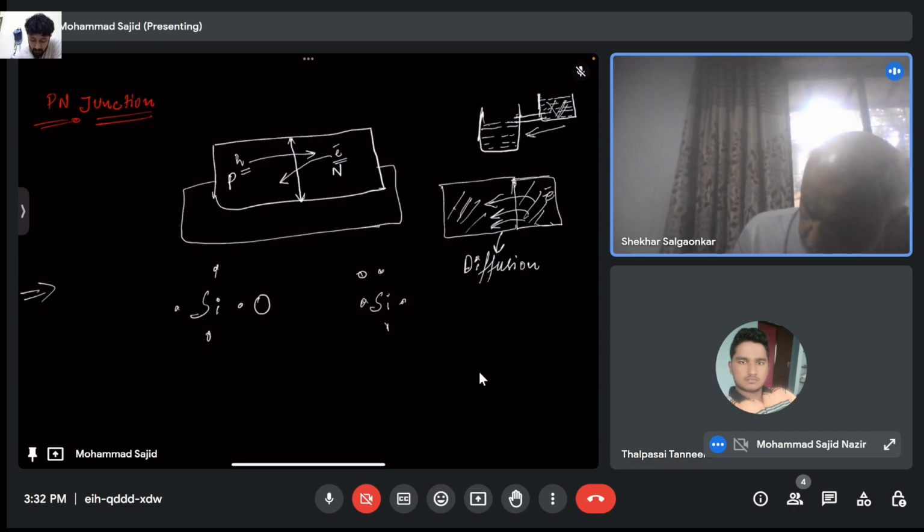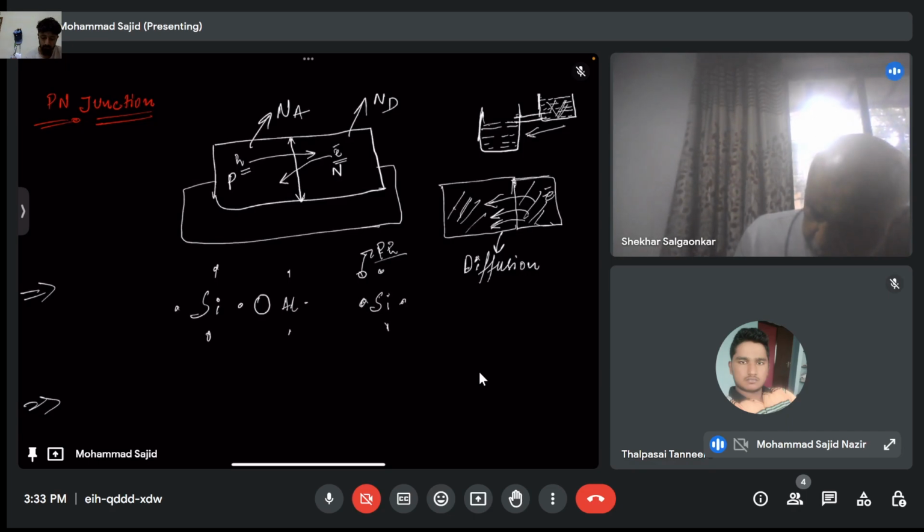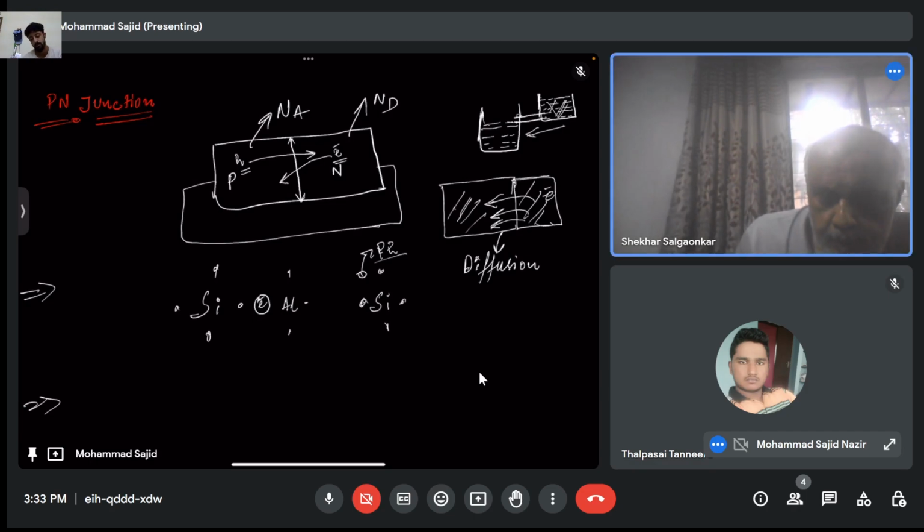This is basically an aluminum atom here, and this will be a phosphorus. We denote the acceptor doping as Na and the donor doping as Nd, right? What will happen is this electron will come and occupy this hole.